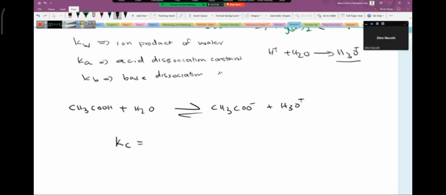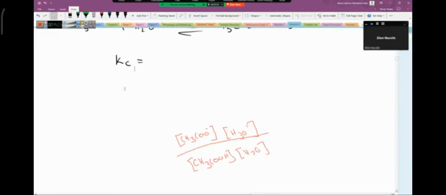Fine, so now we can write this as you have written here: CH3COO minus times H3O plus divided by CH3COOH concentration and H2O concentration.